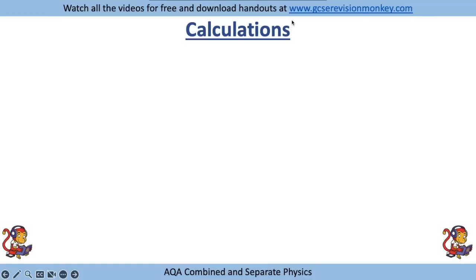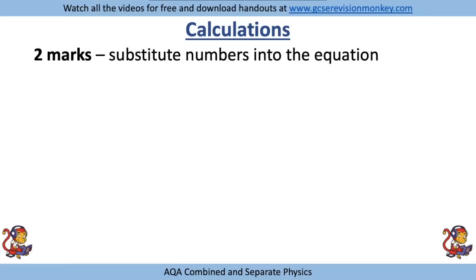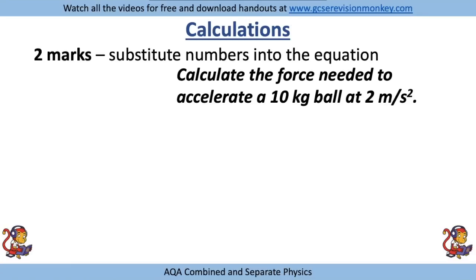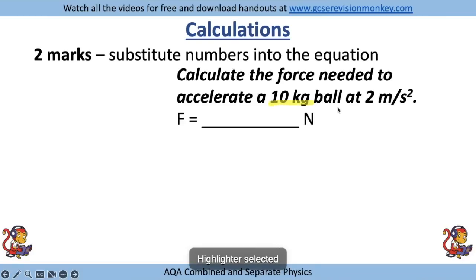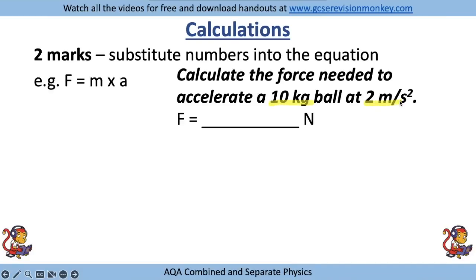So just having a quick overview of calculations, if you get a 2 marker, that would mean to substitute the numbers into the equation. So for a question such as calculate the force needed to accelerate a 10 kilogram ball at 2 meters per second squared, if you're given the mass and acceleration, you would write down the equation, put the numbers that you're given into the equation, and then work out your answer on a calculator.